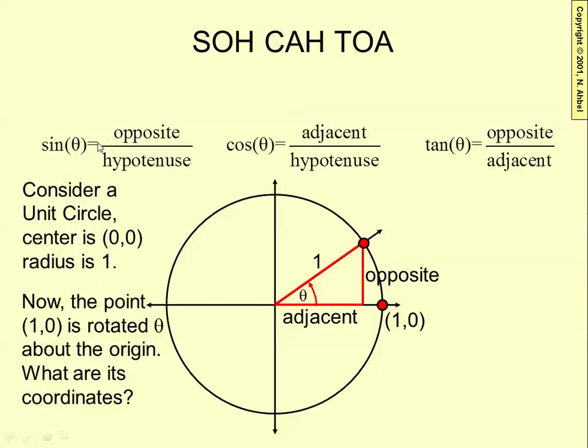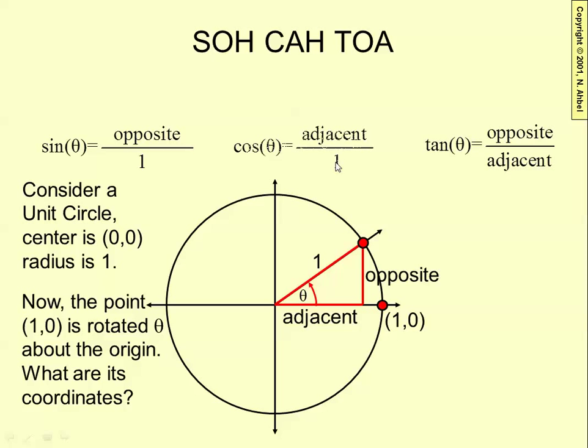Since the sine of theta is equal to the opposite over the hypotenuse, but the hypotenuse is 1, then opposite over hypotenuse becomes opposite over 1. And similarly, cosine of theta, adjacent over hypotenuse, becomes adjacent over 1.